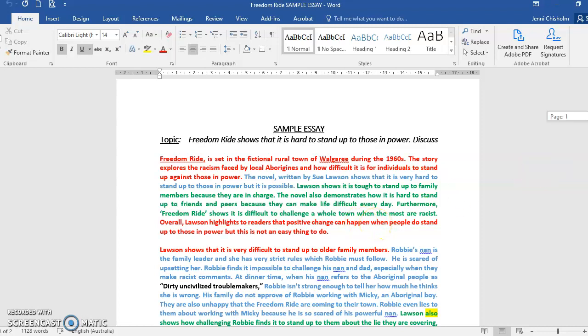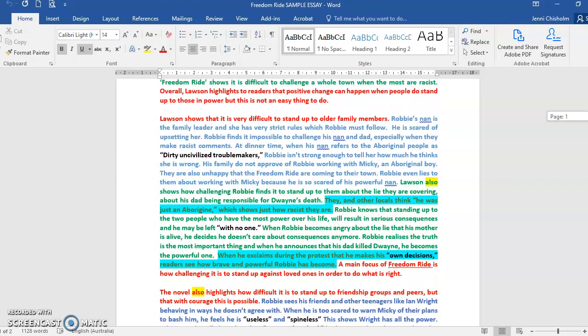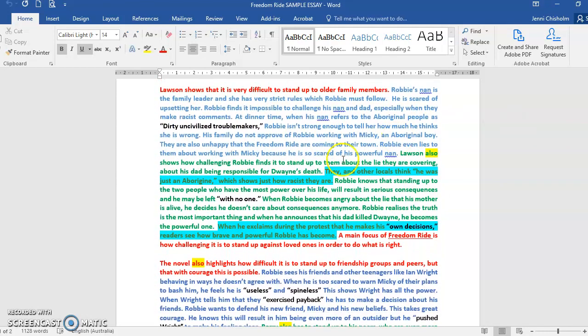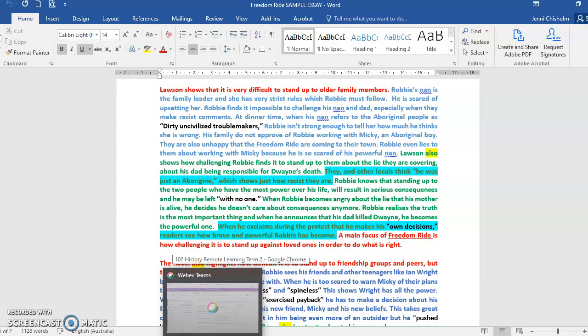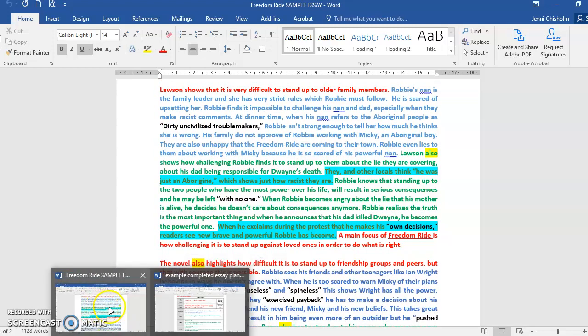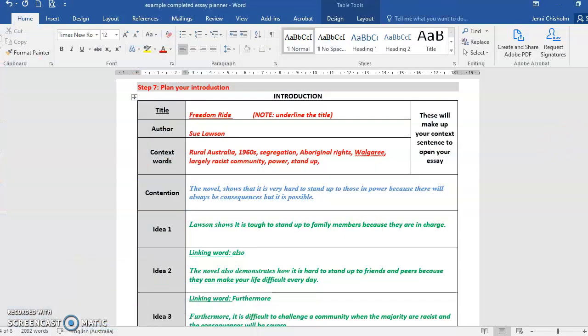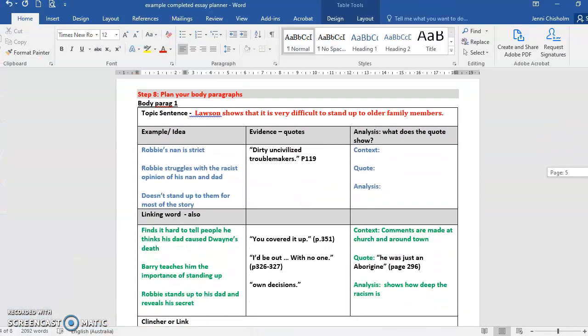That's pretty straightforward. Now the body paragraphs. We're just going to have a quick look at that, and I'm going to explain how you're going to put that together. So I'm just going to go down here to the example planner, so you can see how the body paragraph's been planned here. Similar to your planner, got the topic sentence, example idea, evidence, quotes, and then your analysis over here.